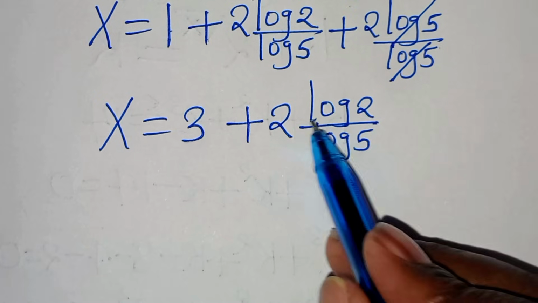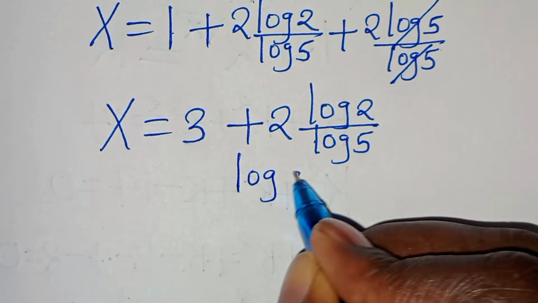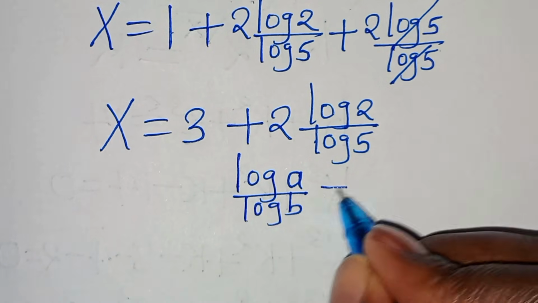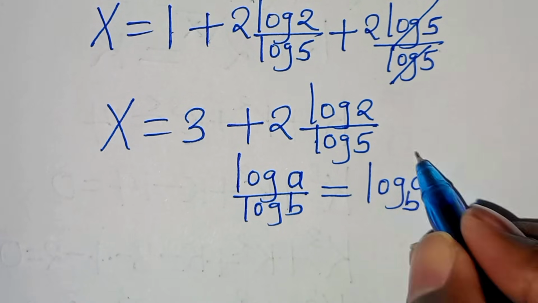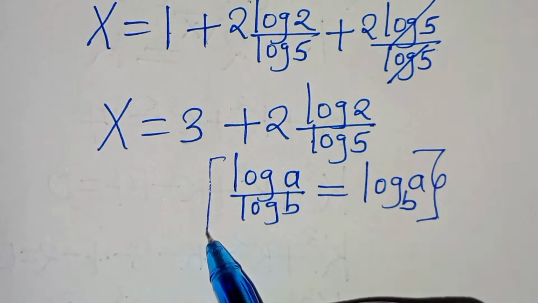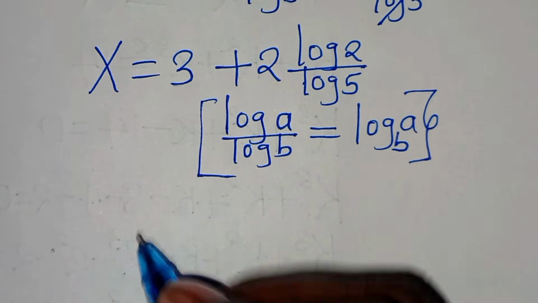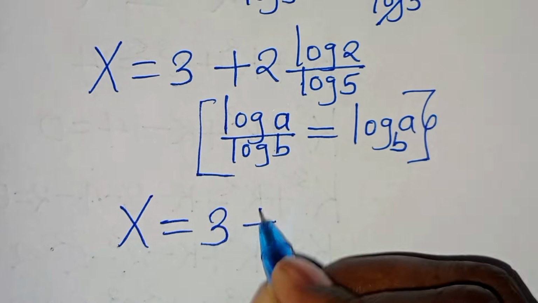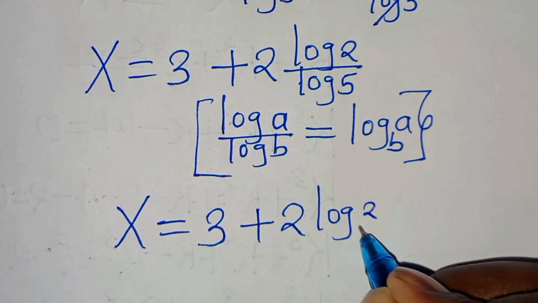So we have log 2 over log 5. This is in the form of log a divided by log b, which we can express as log a to base b. Let's apply this logarithm property, so that now x is equal to 3 plus 2 log 2 to base 5.